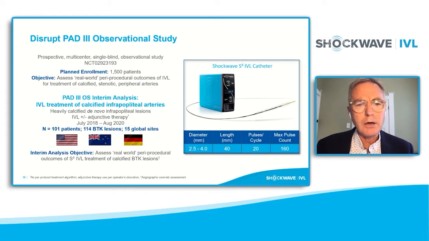What we're going to focus on is an interim analysis of the use of the Shockwave S4 intravascular lithotripsy catheter for infrapopliteal calcified arteries between July 2018 and August 2020. 101 patients treated with this system, which is available in diameters of between 2.5 and 4 millimeters for tibial artery treatment.